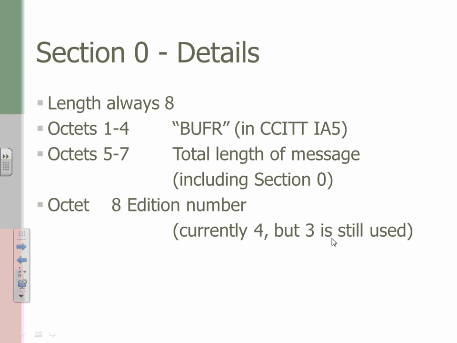Octet is a set of 8 bits. Like byte, but always 8 bits. 1 octet is always 8 bits.